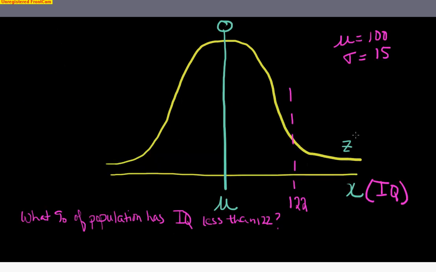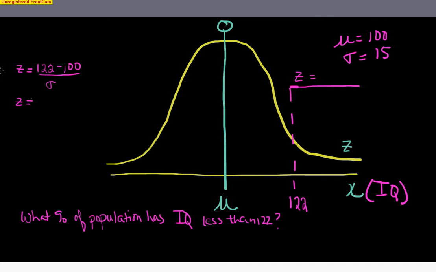All right, so cleaning things up a little bit, I am asking what percent of the population has an IQ less than 122? So if here's 122, we'll just quickly go through this again. To find the z-score for an IQ score of 122, we would use x, which is 122, minus the mean, which is 100, divided by the standard deviation.